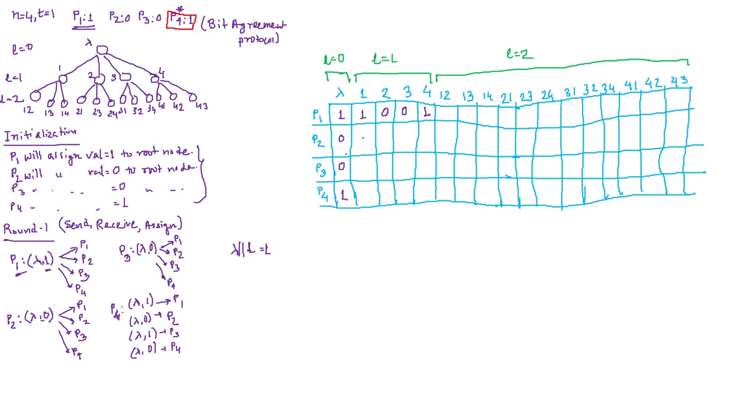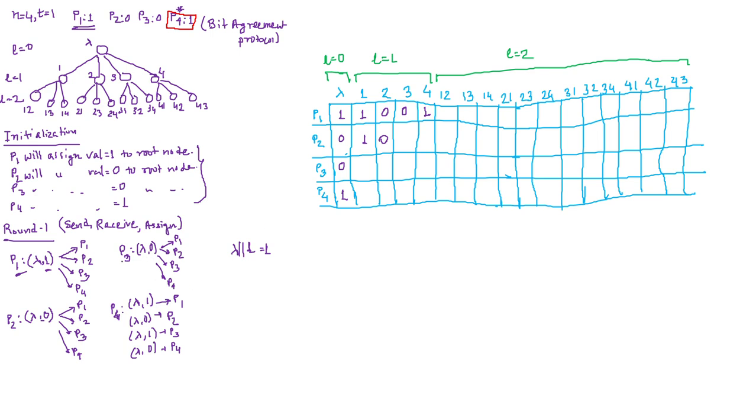So the node with tag 1 will have the value 1. P2 receives lambda comma 0 from P2. That means the node with tag lambda concatenated with 2, or 2, will have the value 0. So for P2's EIG tree, the node with label 2 or tag 2 will have the value 0.